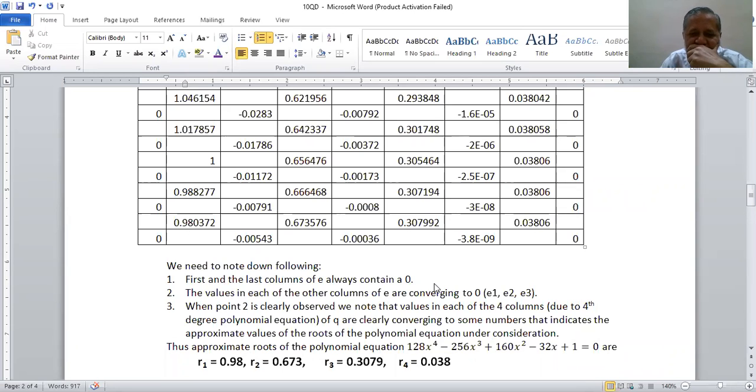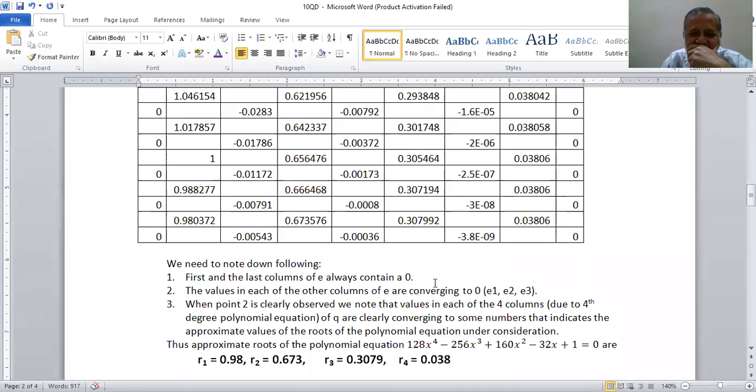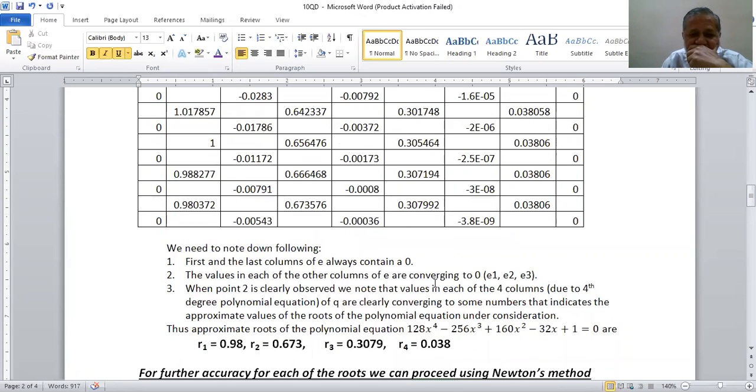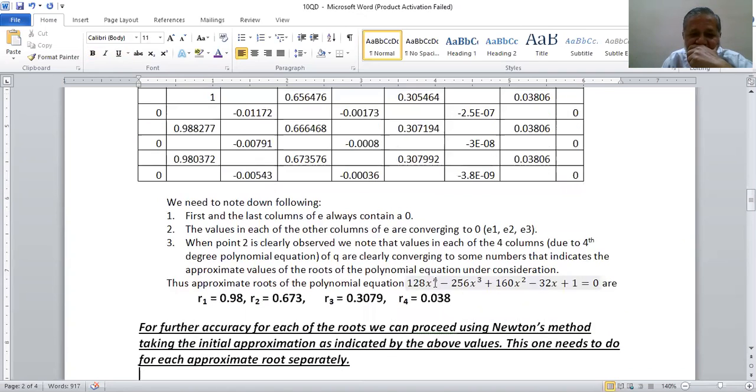Now, you must note that in this particular example, every column of E was converging towards 0. So every column of Q is required to converge to some number. We have noted these numbers down as R1, R2, R3, R4, as approximate roots of the given polynomial equation.